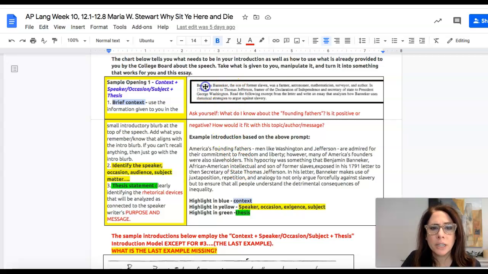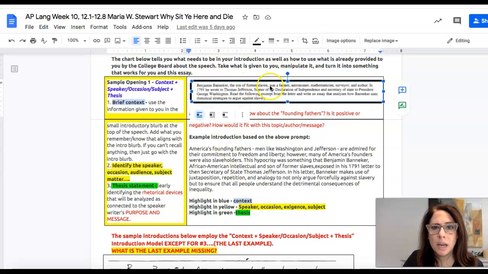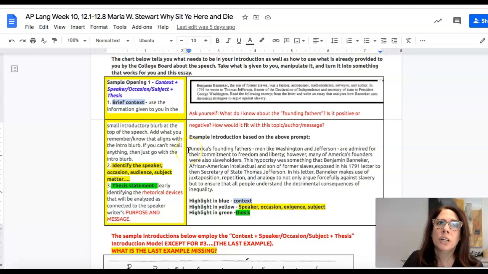So for instance, take a look at this prompt here. We're talking about someone who wrote a letter in 1791 about the Declaration of Independence. So you wouldn't start it with statements about freedom today. You would just deal with that time period.